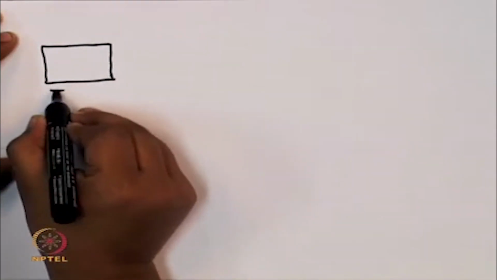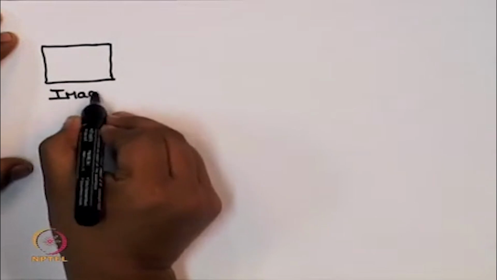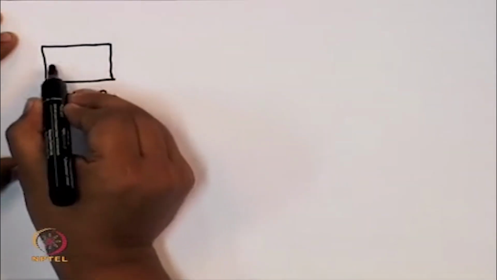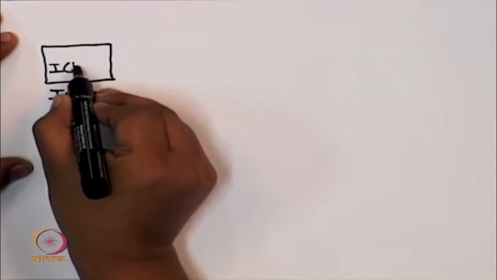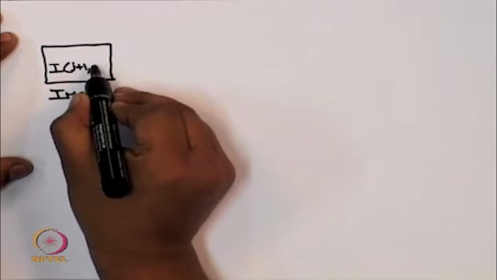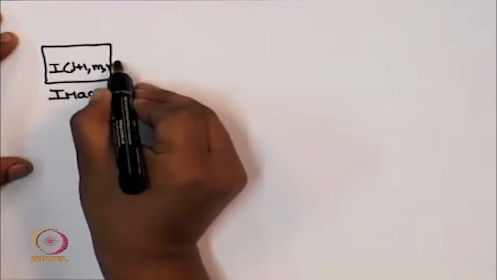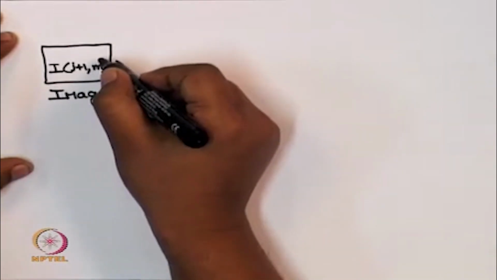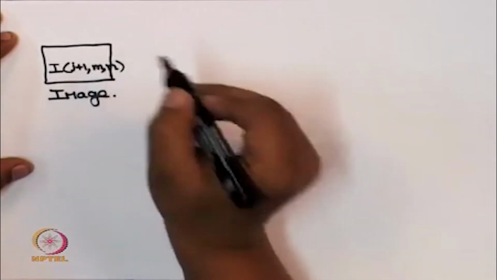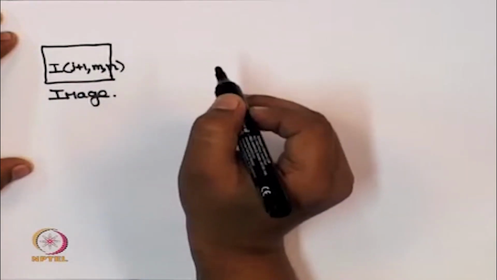For the sake of convenience, let us start with an image at scale say j+1. Let this be our image and let us represent it by I_{j+1}(m, n), where m denotes the rows of the image and n denotes the columns of the image.